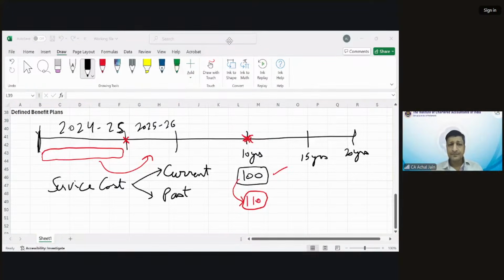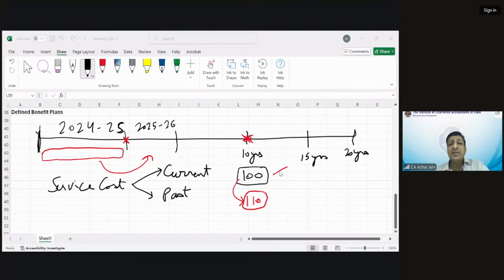But as regards another factor, what is that? Changes in assumptions, which are going to happen each year. And why will those assumptions change? We are not saying that they have to change necessarily. We are saying they may change.